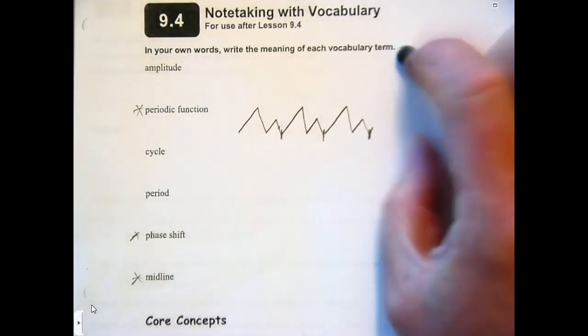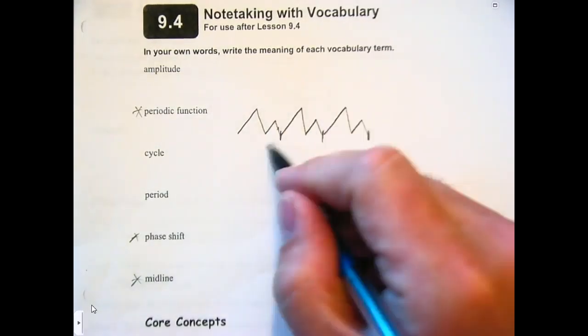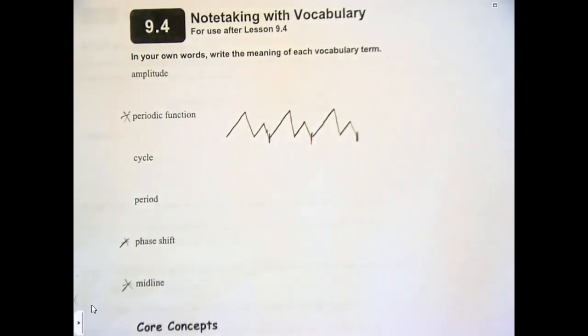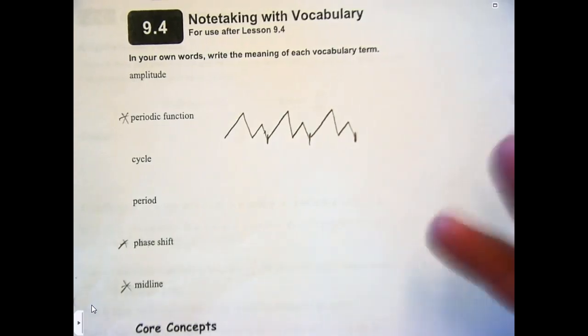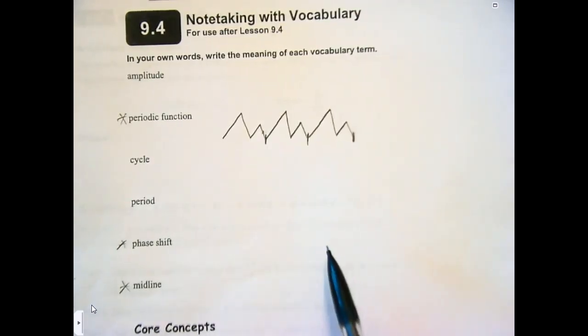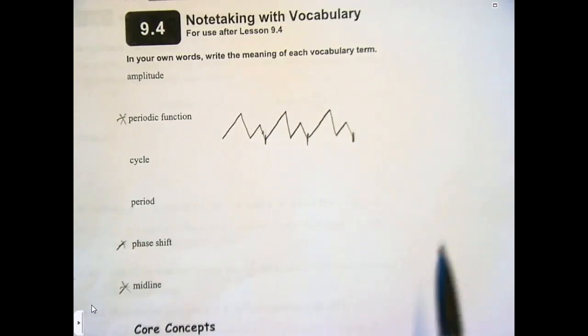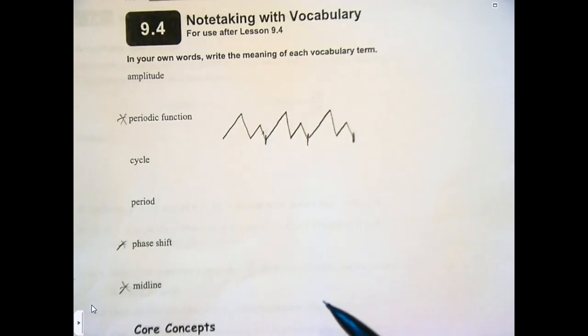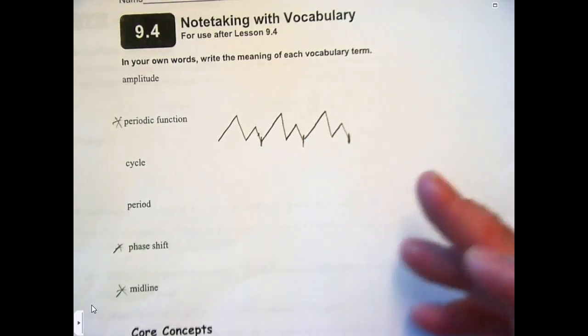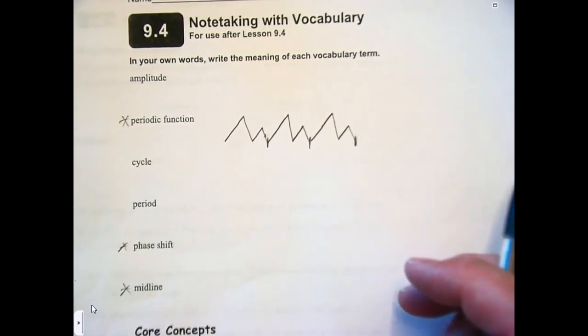Any time a graph repeats itself or any time data repeats itself, that is periodic. Your heartbeat, like if you've ever been to the doctor and they've done the EKG on you, you get the heartbeat monitor. That should be periodic. If it's not, then there's generally problems.